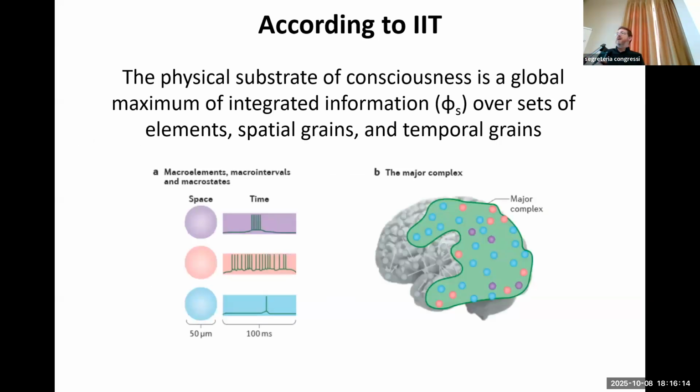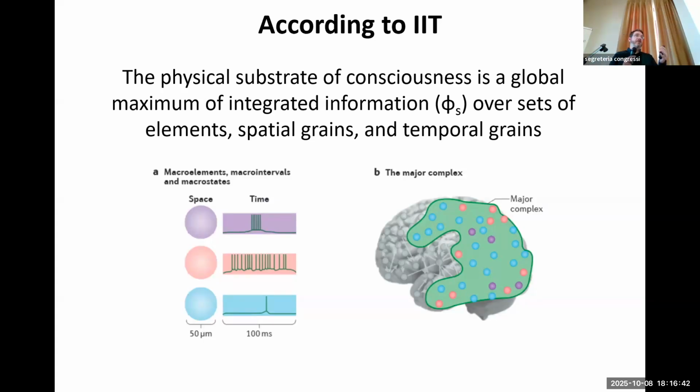IIT has an answer, not in terms of what the scale is precisely, but a conceptual answer: for IIT, the substrate of consciousness is the substrate of units that maximizes phi, integrated information. On a first pass through IIT, that's often thought about in terms of where in the brain. Is it neurons in the front or in the back?